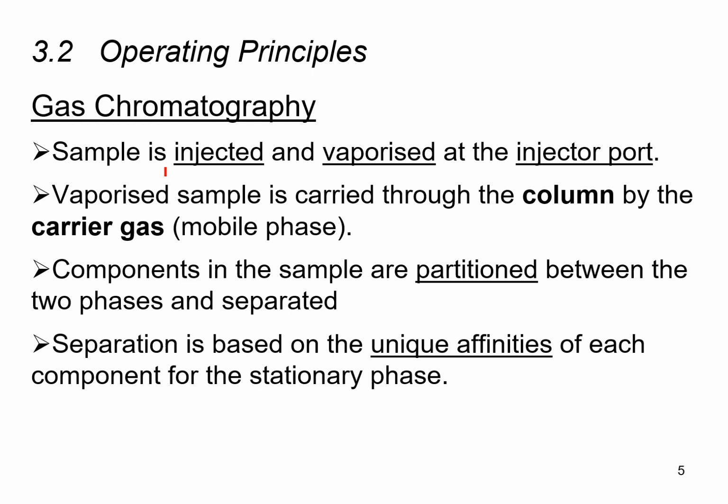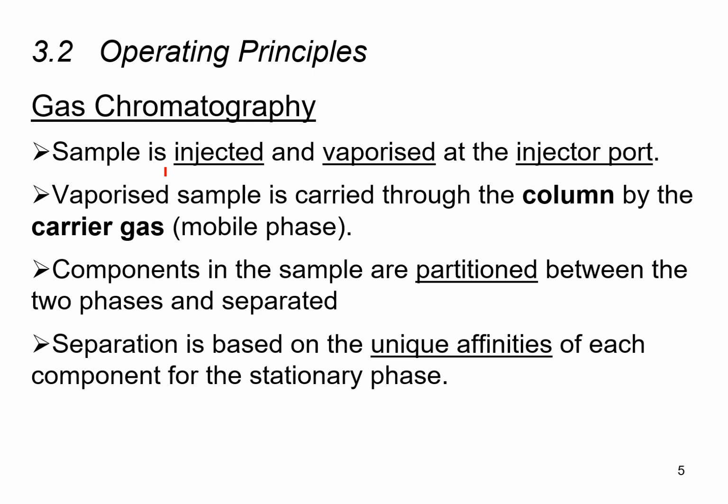So it's vaporized and converted into a gaseous form. Then I did mention that the instrument uses a carrier gas, typically helium or nitrogen, to simply carry the vaporized sample gaseous molecules through the instrument, and immediately they will start being passed through the column.